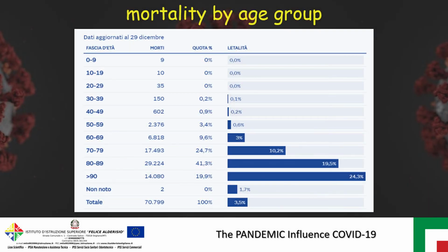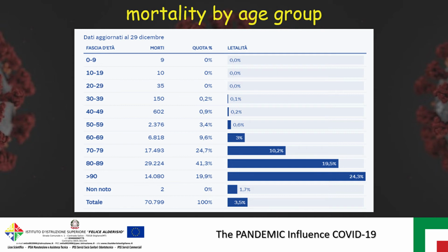The spread of coronavirus in Italy has hit every age group uniformly. As the chart shows, however, the mortality rate appeared to be much higher for elderly patients: 19.5% for people between 80 and 89 years of age.